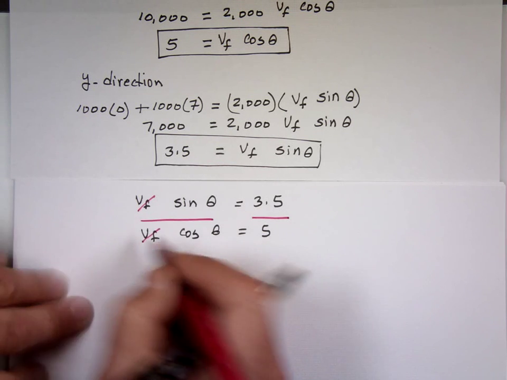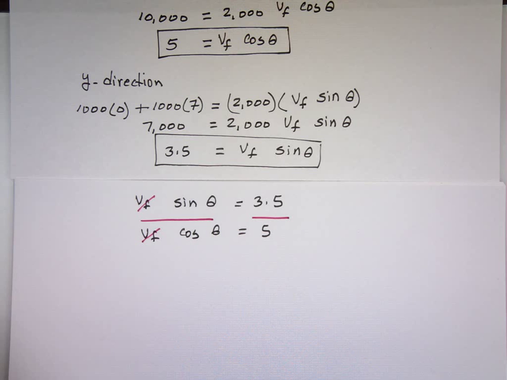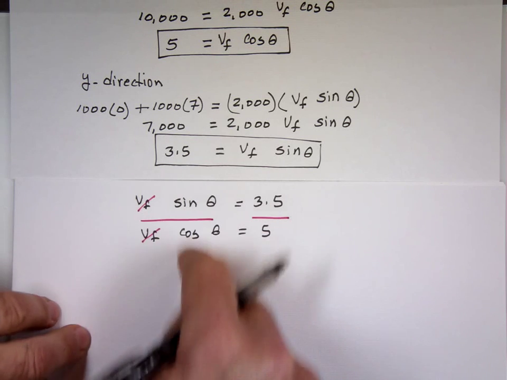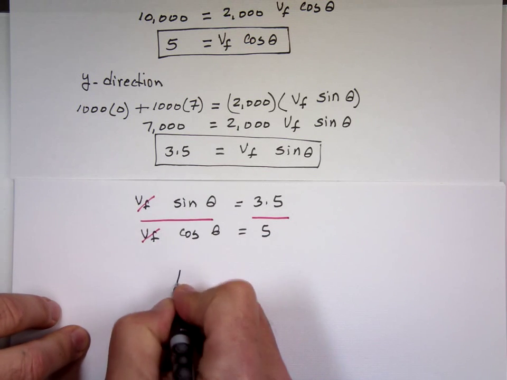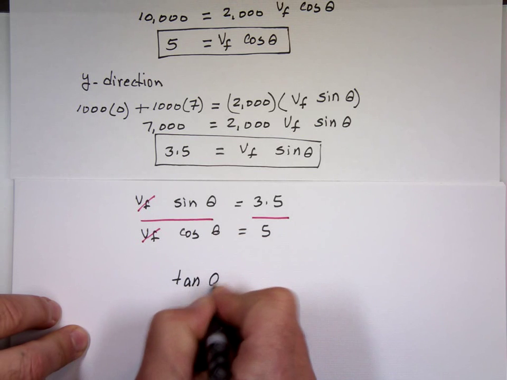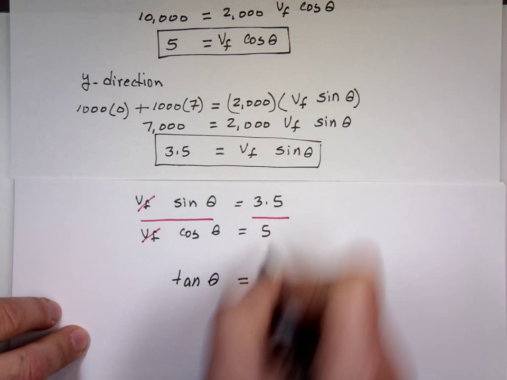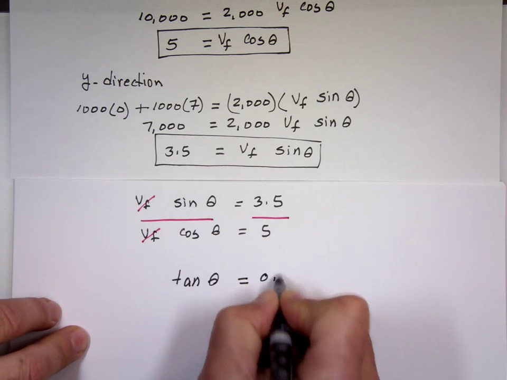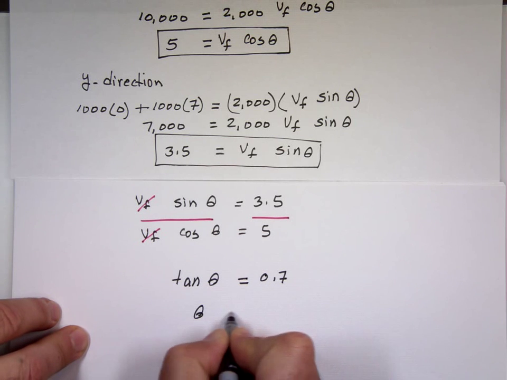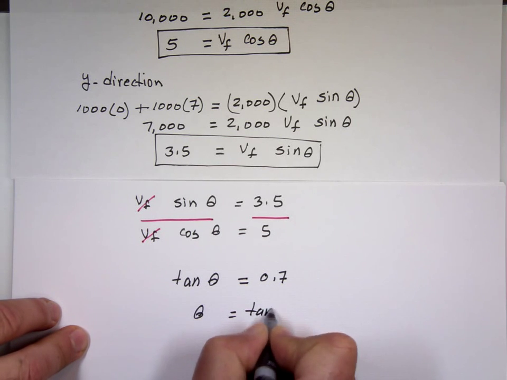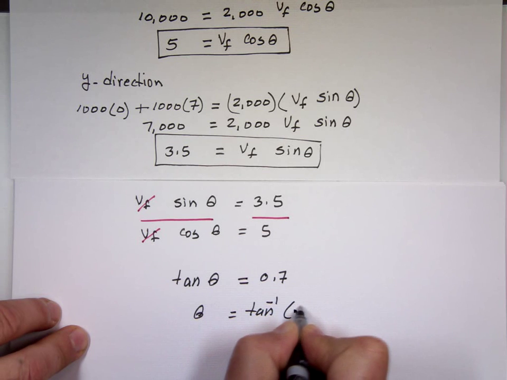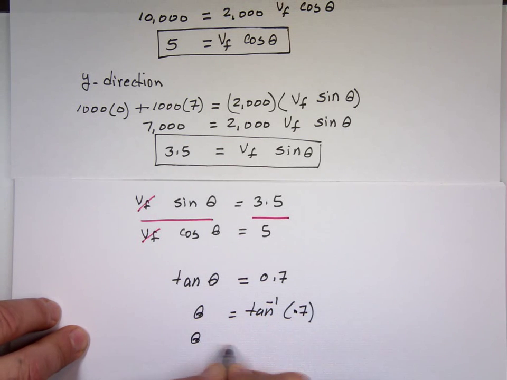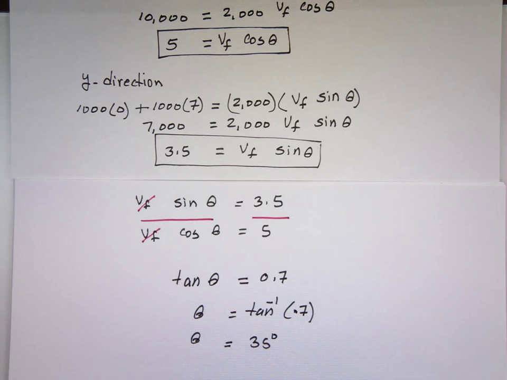The reason I wrote the sine first is that sine divided by cosine is tangent theta. 3.5 divided by 5 is 0.7, and theta is the inverse tangent of 0.7, which is 35 degrees.